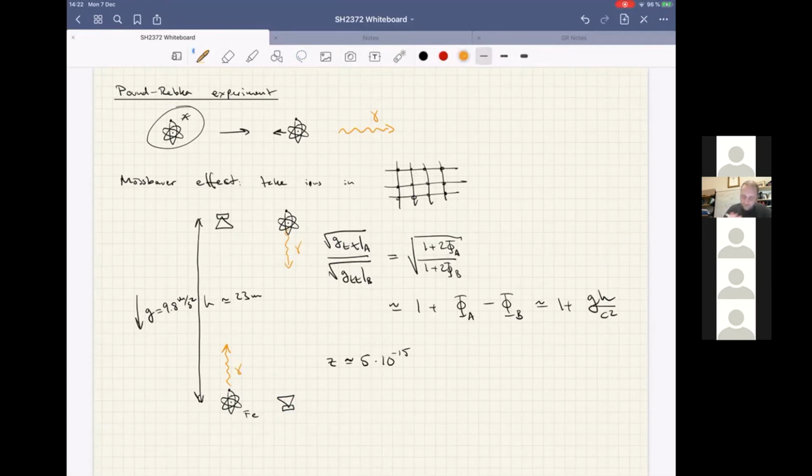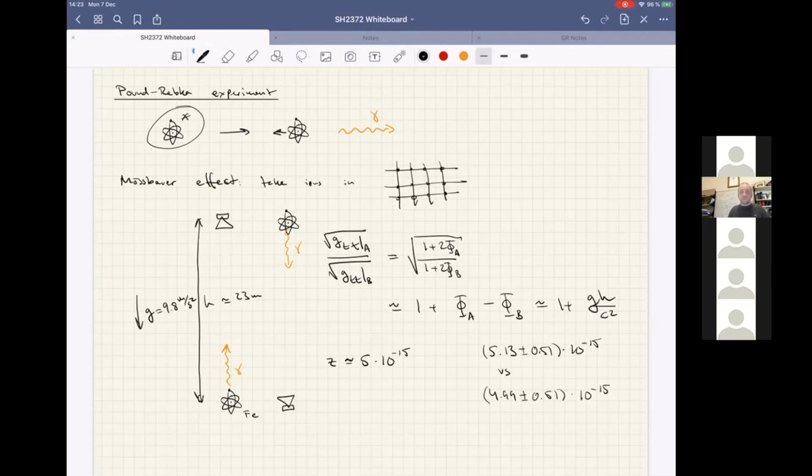And the observation here was, let's see, I wrote that down, the observation was 5.13 plus minus 0.51 times 10 to the minus 15, versus the prediction, which is 4.99 plus minus 0.51 times 10 to the minus 15.